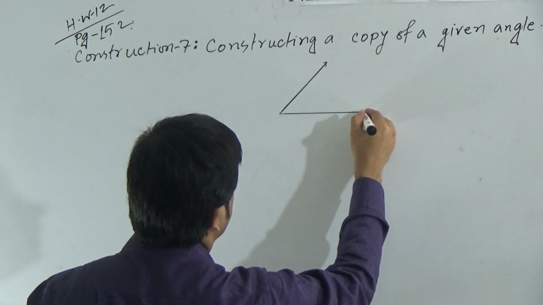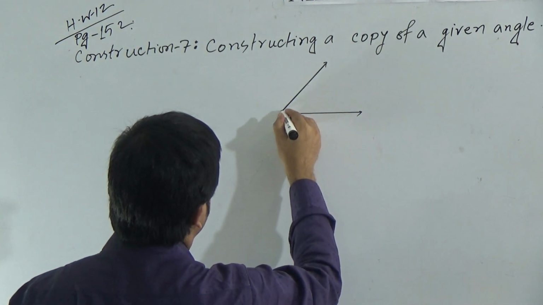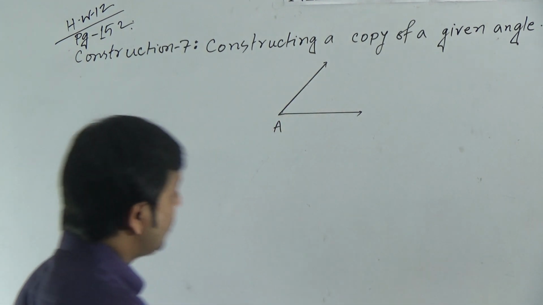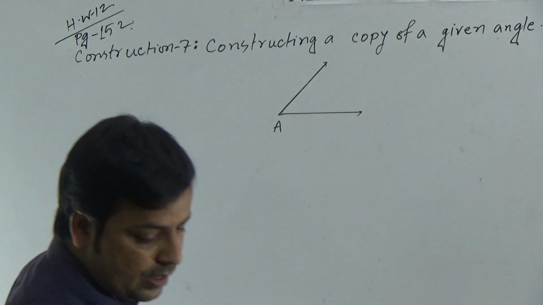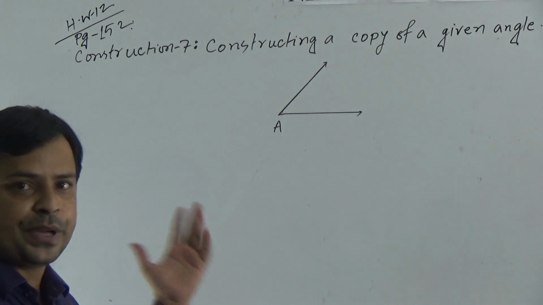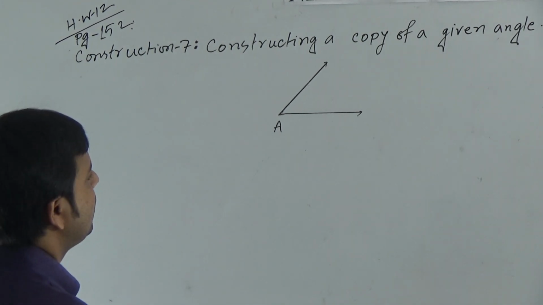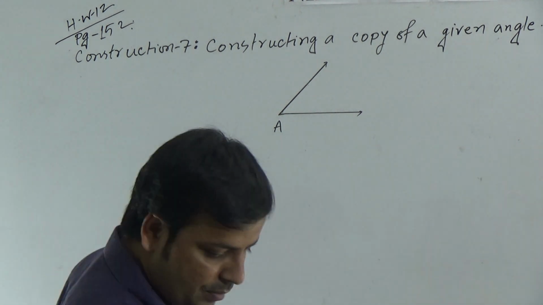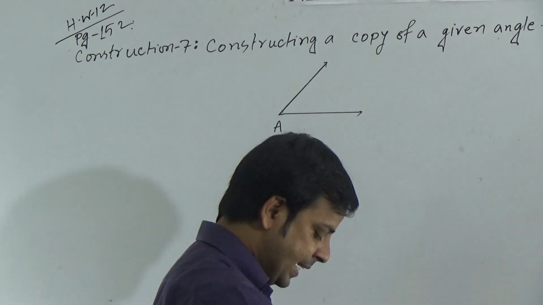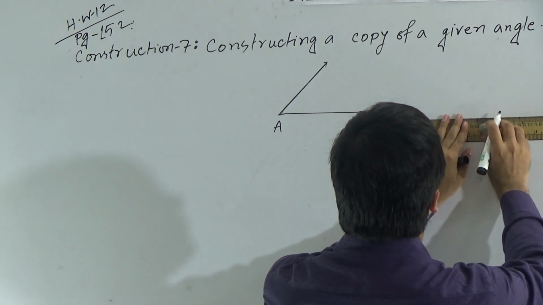Suppose this is angle A. We have to construct the copy of this angle. To construct the copy of this angle, at first we have to take a ray.